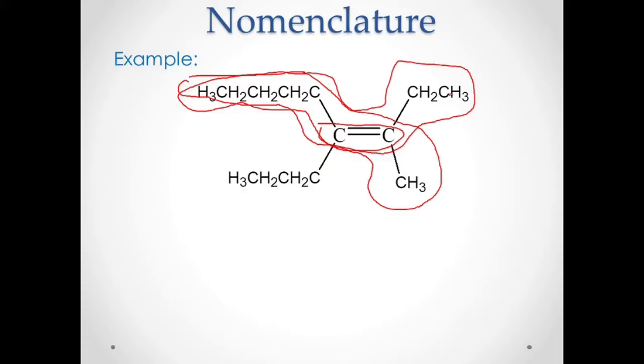However, if you're going to number this as 1, 2, 3, 4, 5, 6, 7, 8, your carbon to carbon double bond would attain the lowest number, which is on carbon number 3. So you should number this as 1, 2, 3, 4, 5, 6, 7, and you have carbon number 8. So that is how you number them.